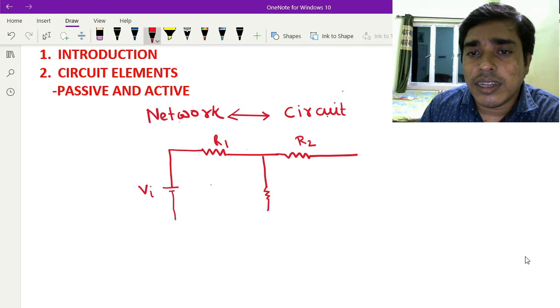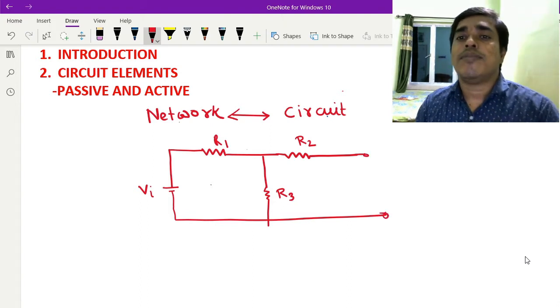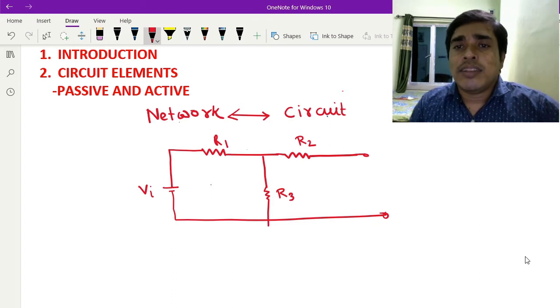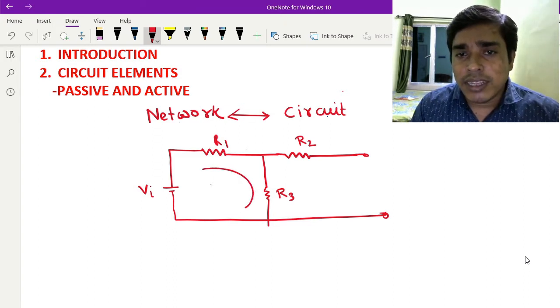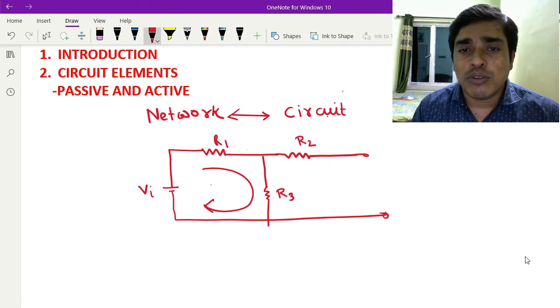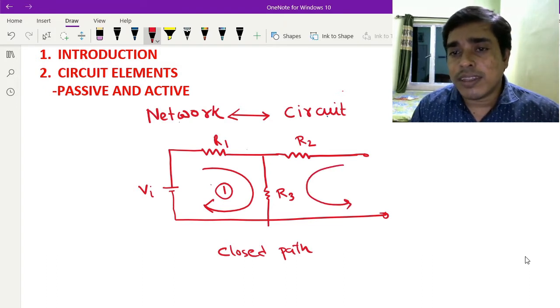Suppose there is another resistance R3. If you closely look at this diagram, this path is a closed path, this is a closed path, and this path is an open path.